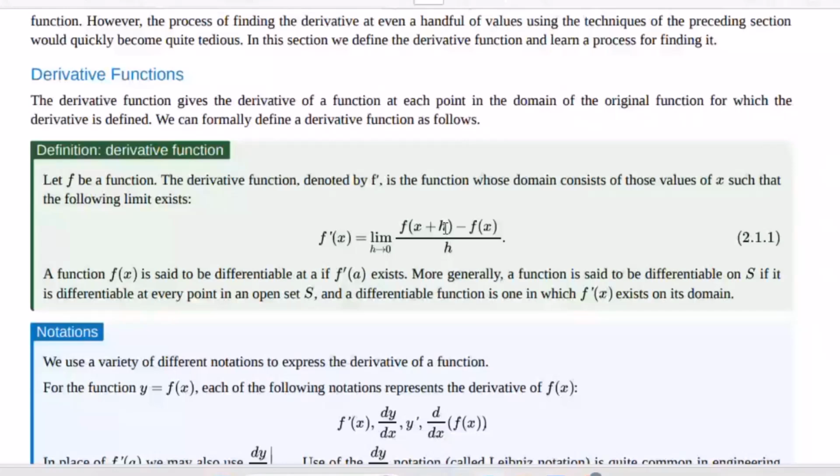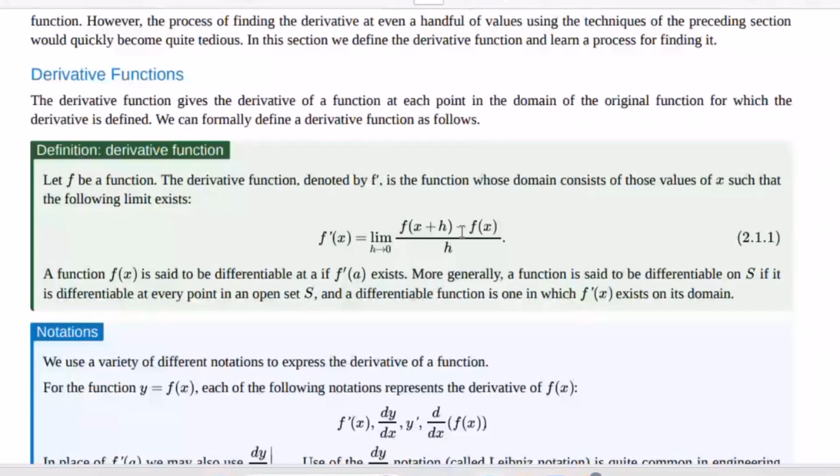Okay, step by step. I don't want to lose you, okay? This is what I'm saying. Copy, do you see this? f prime of x is equal to the limit of f of x plus h minus f of x all over h as h tends to 0.